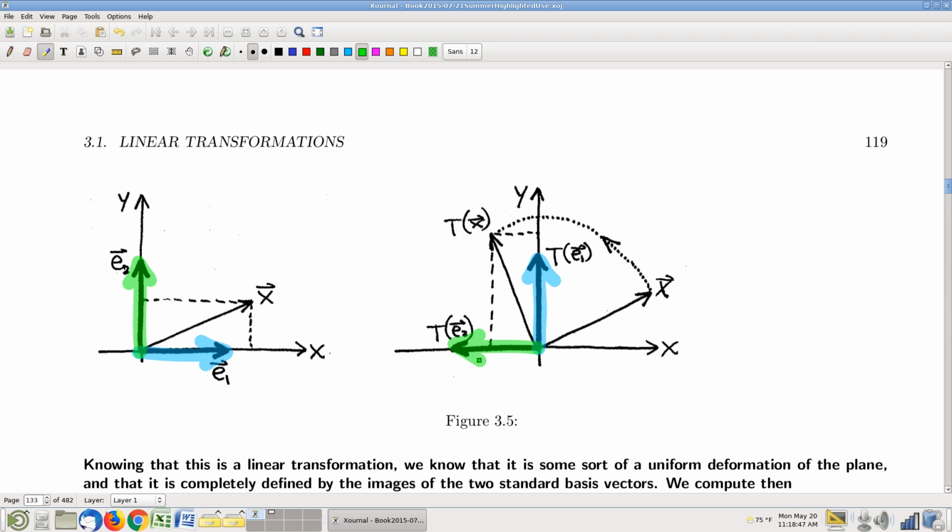And then furthermore, notice that all linear combinations represented by these rectangles go to rectangles that look like this.